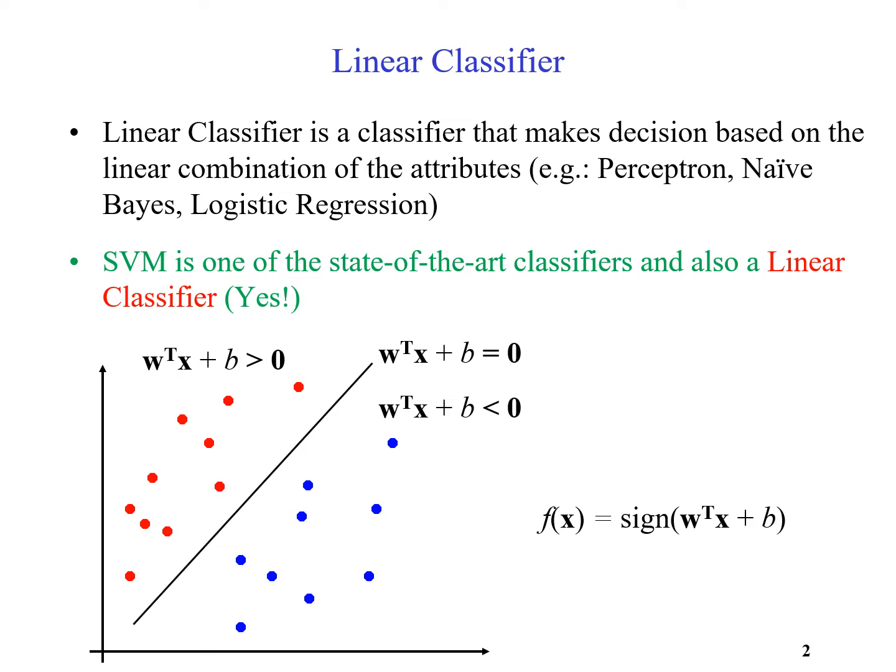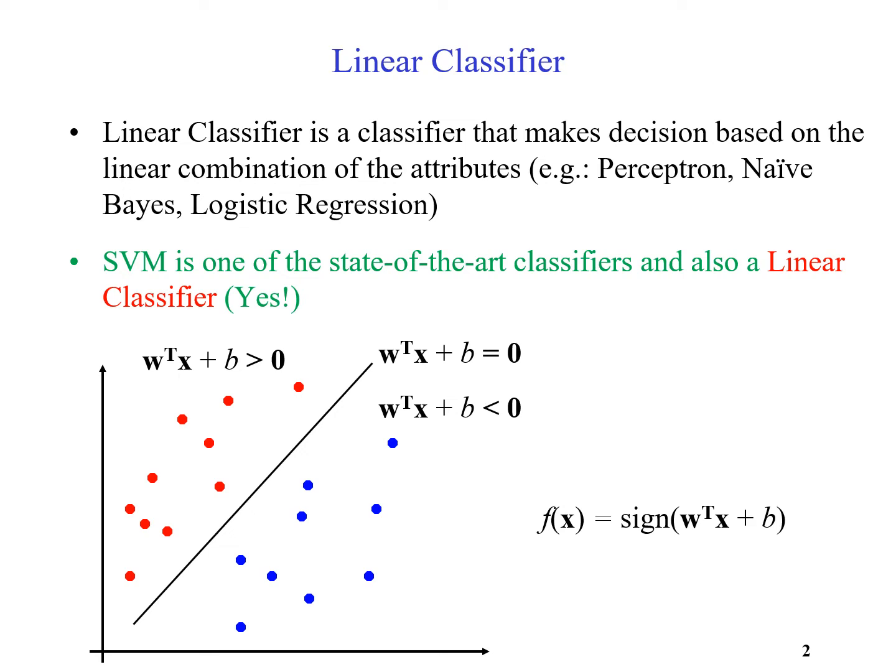So in this chapter, we study SVM, and SVM is one of the state-of-the-art classifiers. Up until deep learning came along around 2010 something, SVM was the most powerful algorithm, and it is still very competitive.